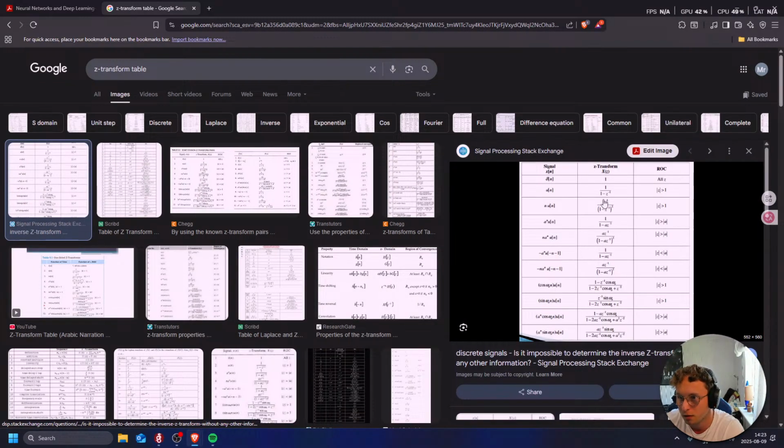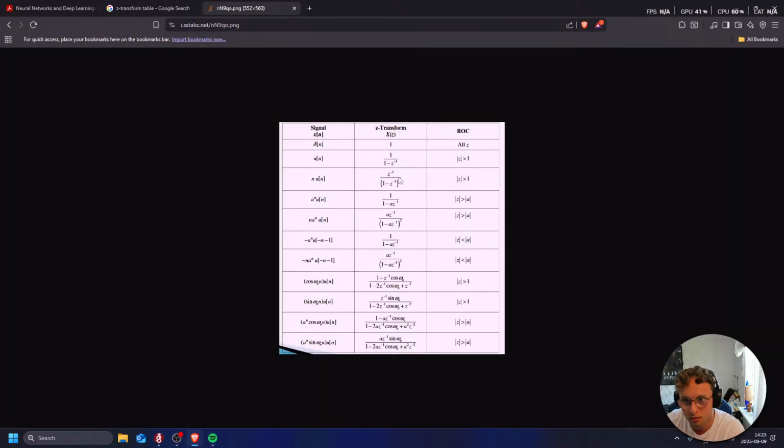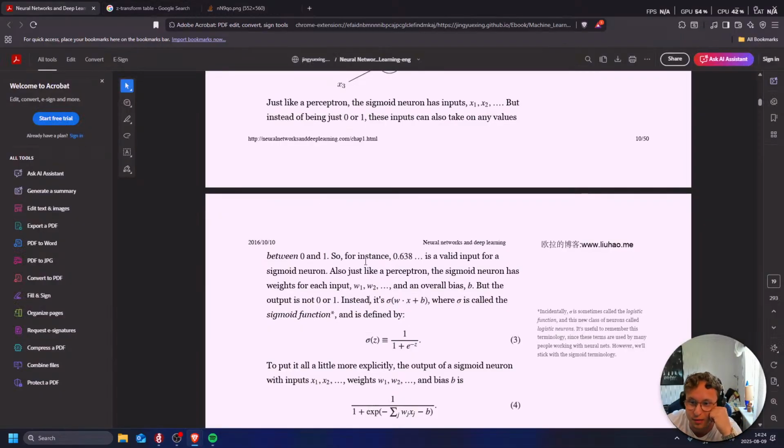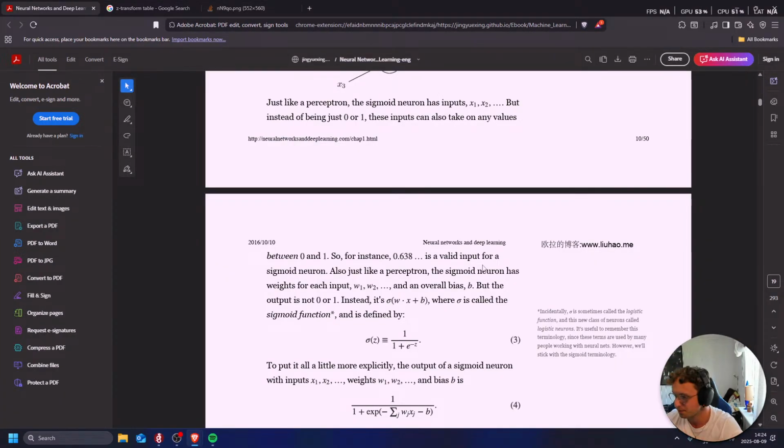Let me go here. Yeah, here it is. It's this one here. No, this is not continuous, it's a discrete interval. But it's the same notation. Or maybe it's not, because it's e to the power of z, and z is the input. But here is the z. I don't know. I have to look this up.